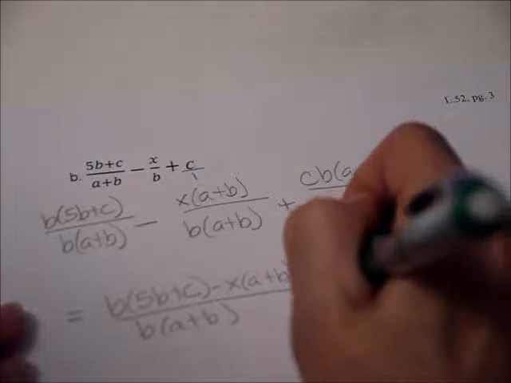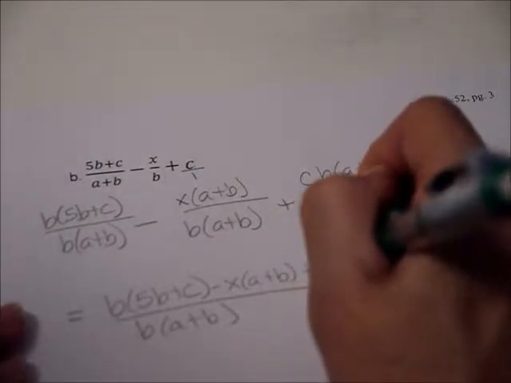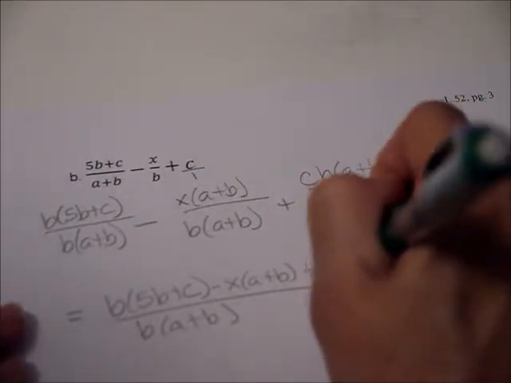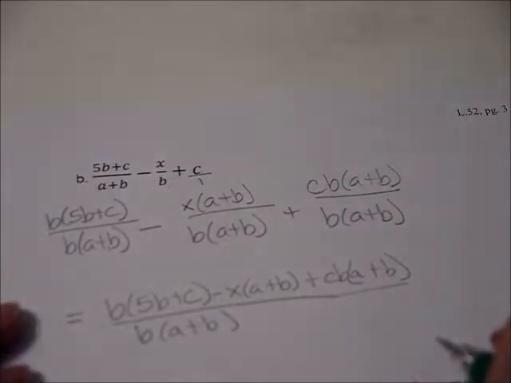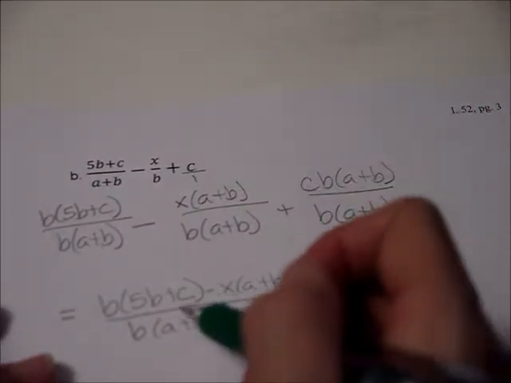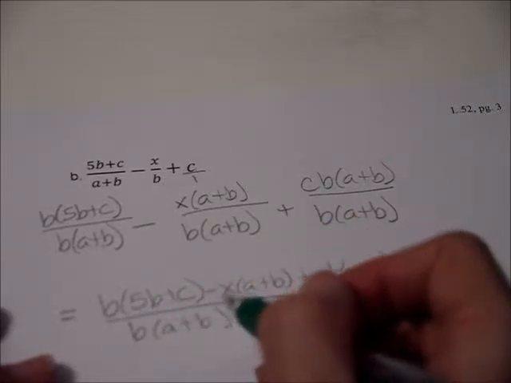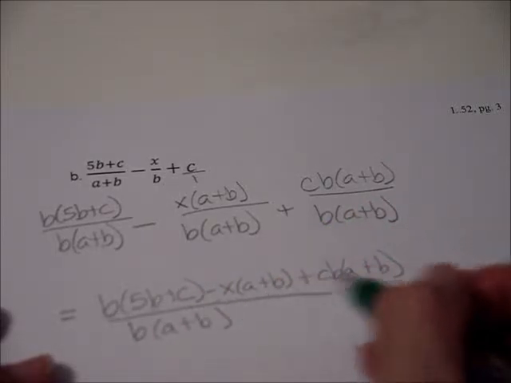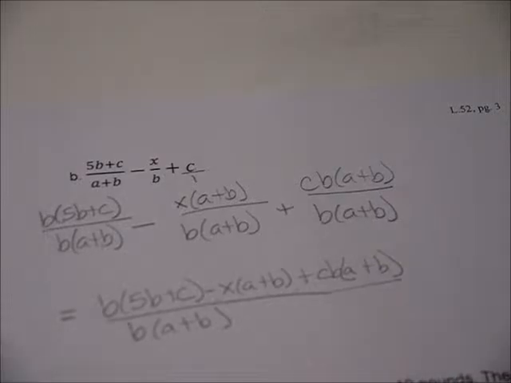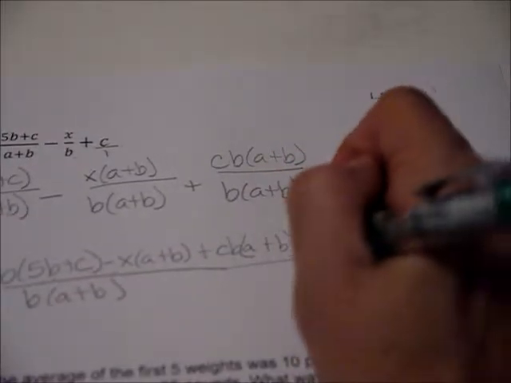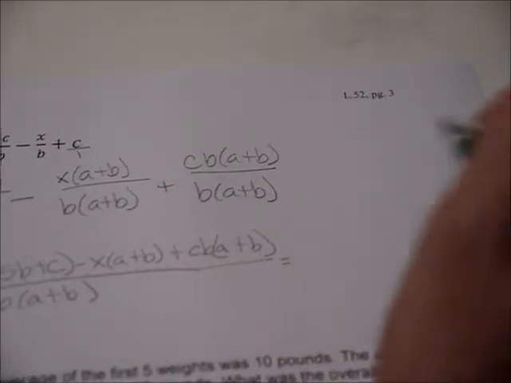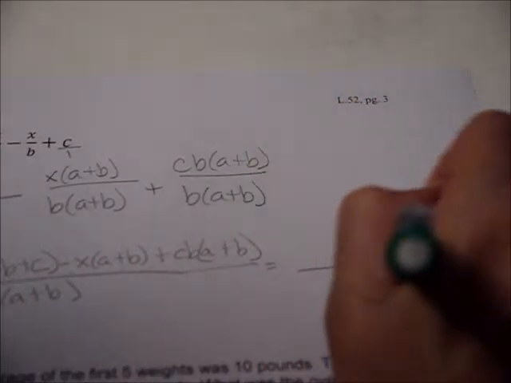Now I haven't looked in the solutions manual to see what they have. So that is one way to finish it. They might have taken it a step further and multiplied b times everybody inside and x times everyone inside and this times everyone inside. I don't think they did, but if they did, I'm just going to take it one step further because I'm not sure what they were looking for.